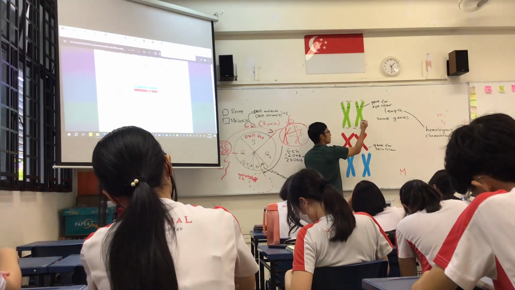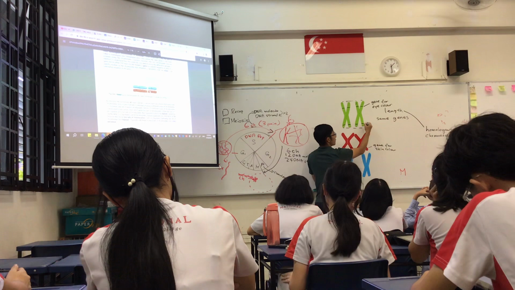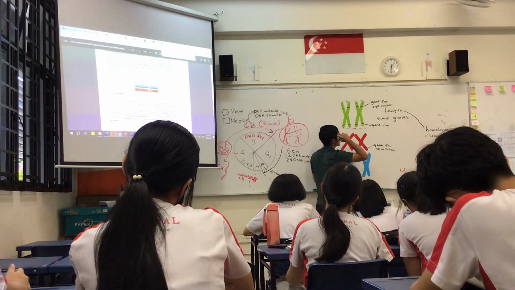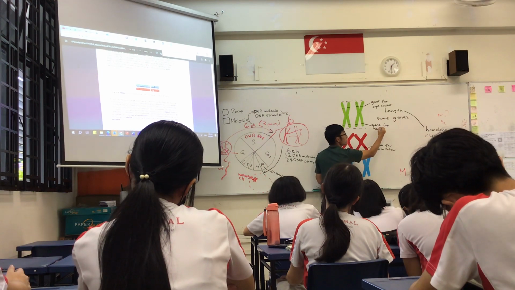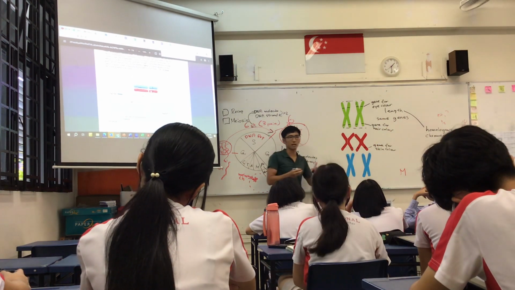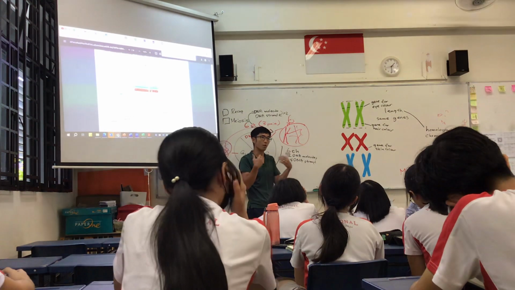Would there be other genes present? Yeah, maybe at the very end over here, you may find another gene, maybe for hair color. I'm just focusing on color because it's easier to visualize. That's what makes homologous chromosomes homologous.